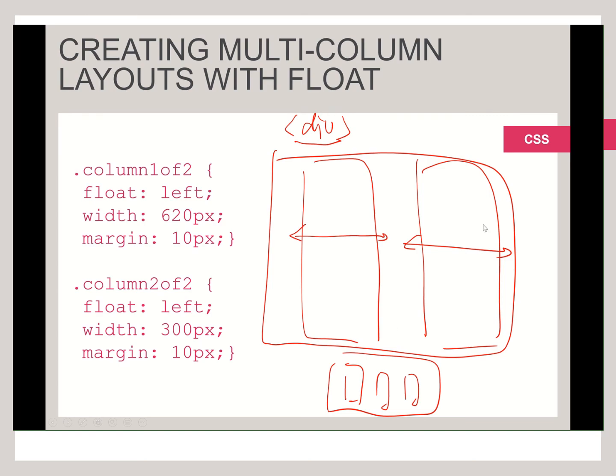So you need to design accordingly, allowing enough space to hold two columns. The width is 300 and the margin is 10 pixels, so in total this one is 320, and the other one is 640 in width, because you added 10 pixels of margin.